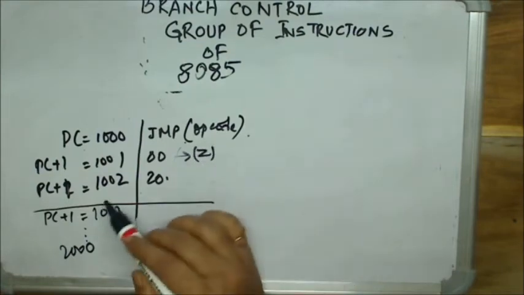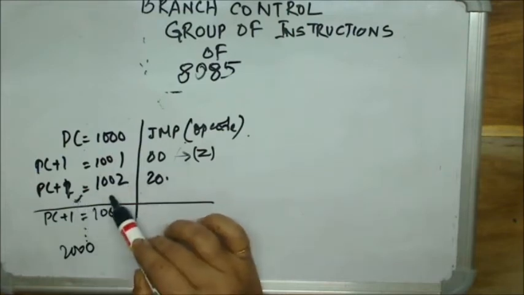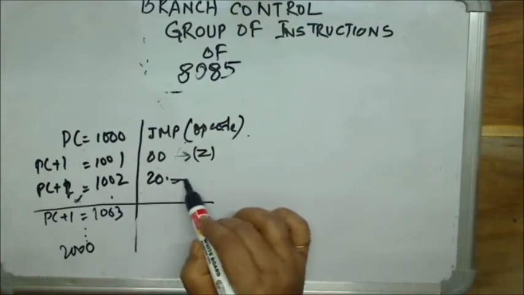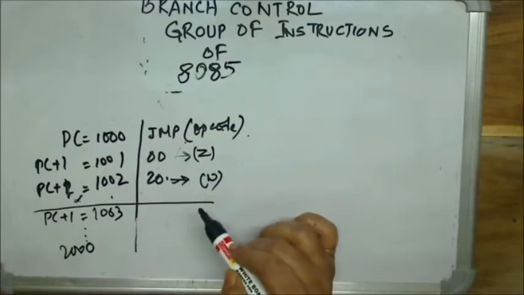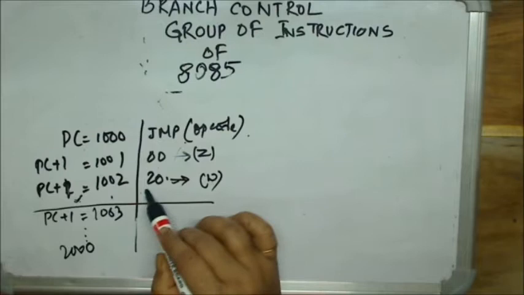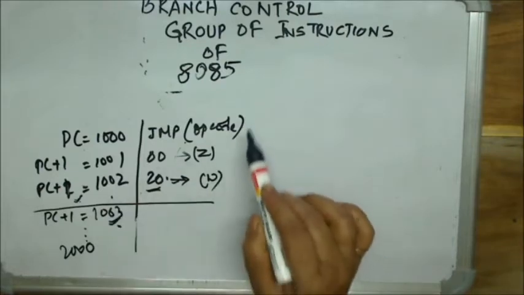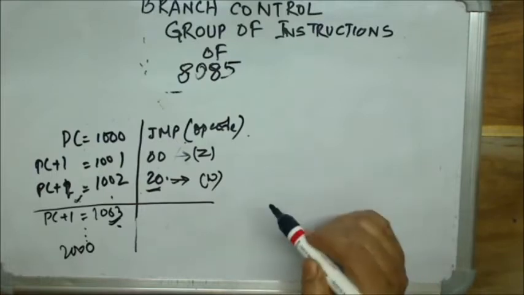As soon as 00 was fetched, the program counter is incremented by 1 again, so it goes to 1002, and the microprocessor will fetch this 20H and put it in the W register. At that point, the program counter was 1003. So what is over after these 3 bytes? Fetching is over.